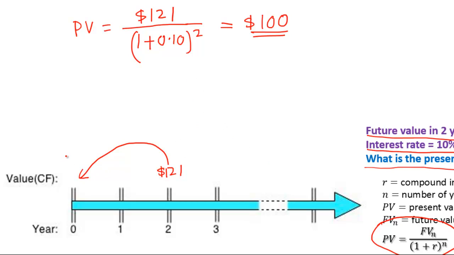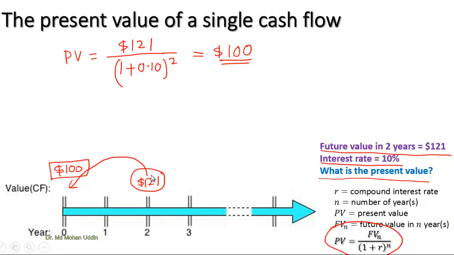After doing that, we have found that the present value, that means the value of this $121 after 2 years at present, is 100. In other words, you will be indifferent between getting $100 today and $121 after 2 years if your compensation rate or interest rate or discount rate is 10%.